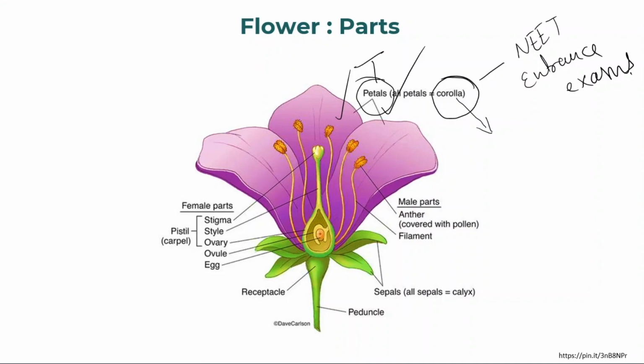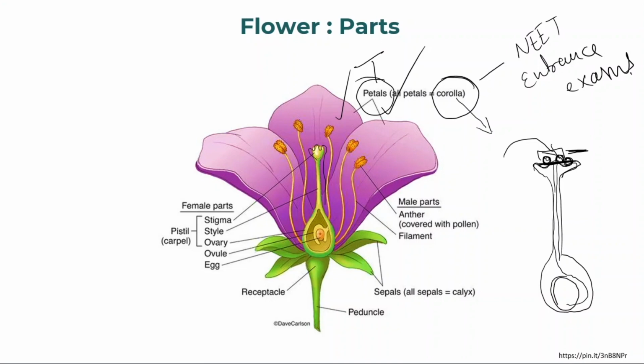Now this middle part is a female organ, or female part, which is made up of a stigma, a top surface where pollen grains, from the male reproductive organ, will first reach, and then there is a style. It is a pathway that helps it reach the ovary.